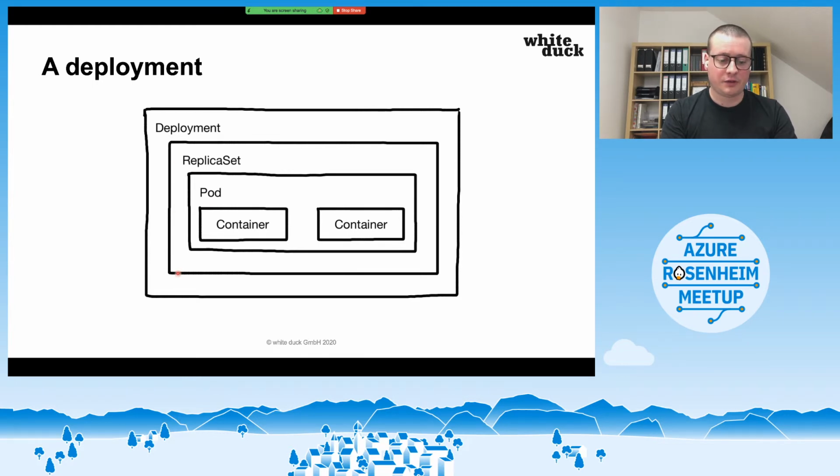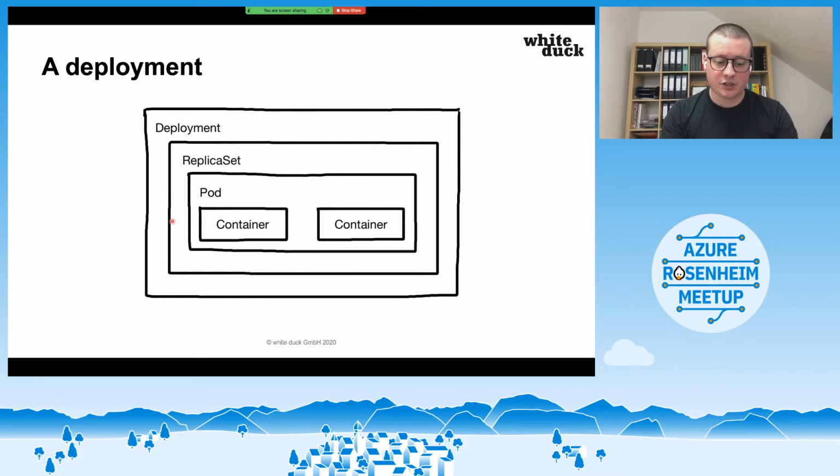And then we have something which is called a replica set. A replica set is a resource where I define how many instances of my pod I would like to run. So in this case, if I would like to scale up my application, and if so, how many instances should be created.